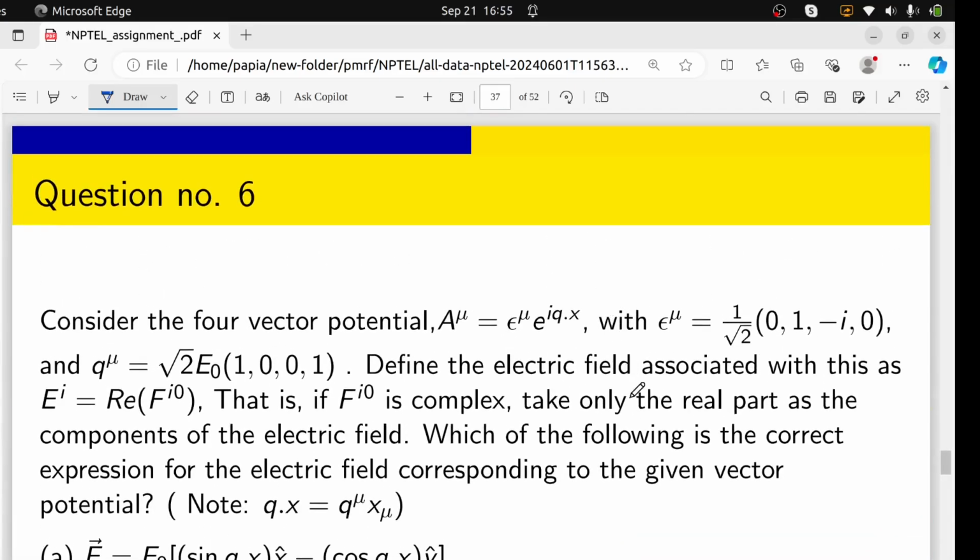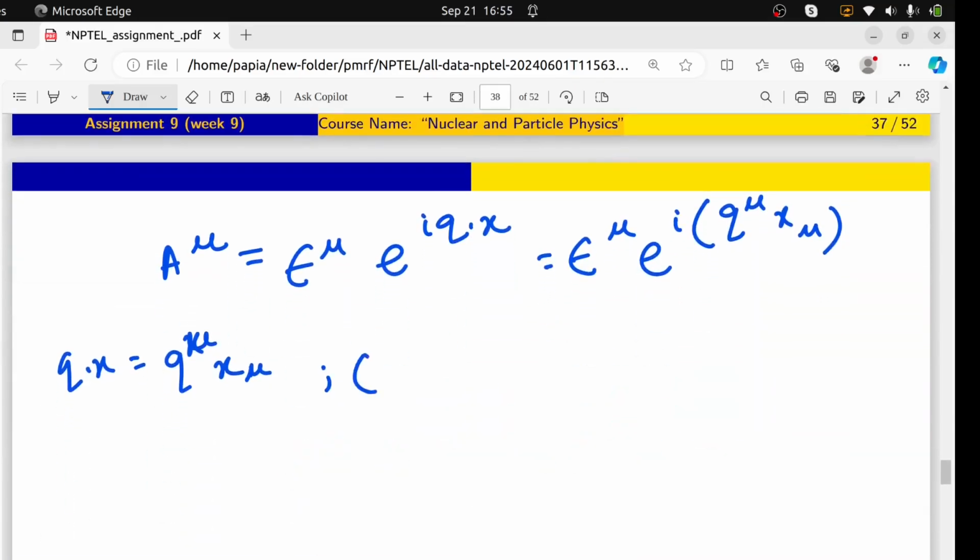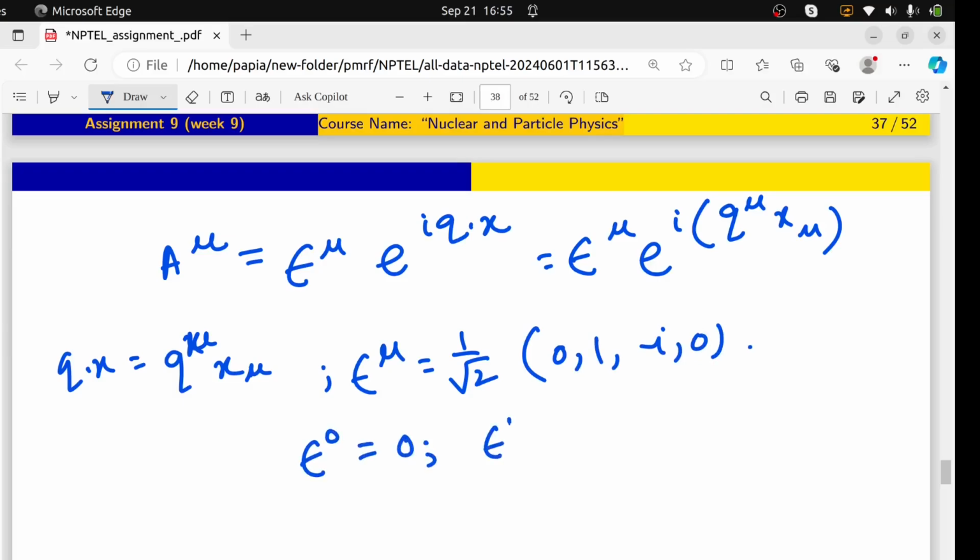And also whatever else is given here, epsilon mu is given and q mu is given. So epsilon mu is how much? Epsilon mu is 1 by root 2, 0, 1, minus i, 0. This means that epsilon 0 is 0, epsilon 1 is 1 by root 2, epsilon 2 is minus i by root 2, epsilon 3 is again 0.